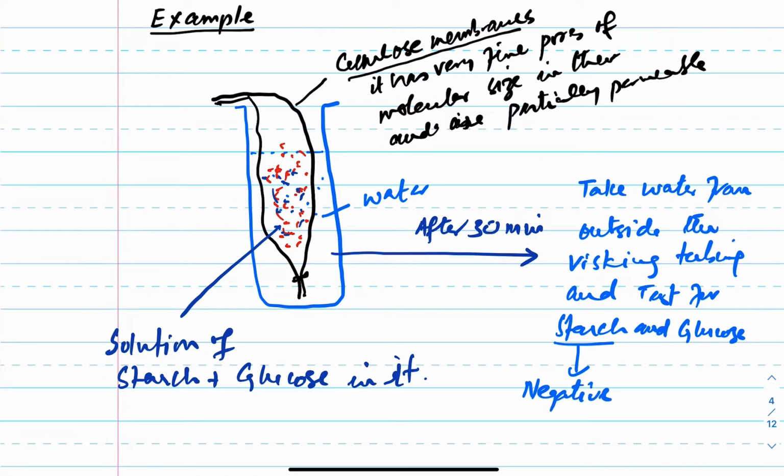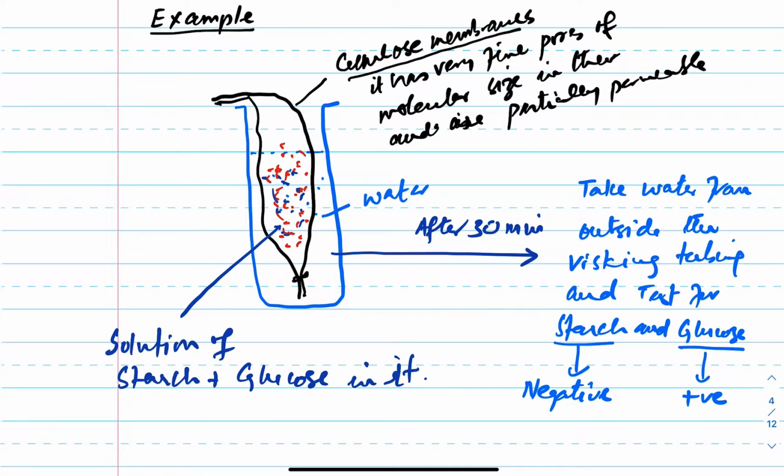Starch is not found in the outside solution, whereas the glucose test is positive. It means that glucose has moved out of it. So this is a partially permeable membrane. It allows some substances to move out of it, and does not allow other substances to move out of it. How can we explain this mechanism?